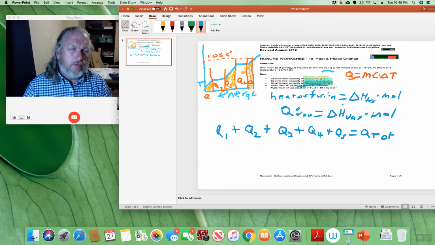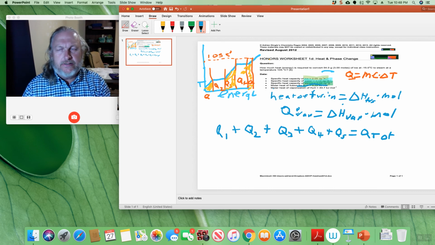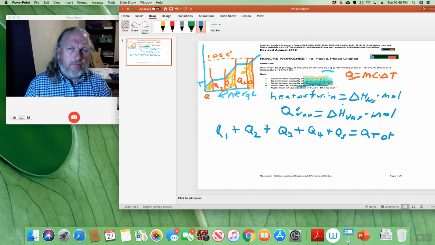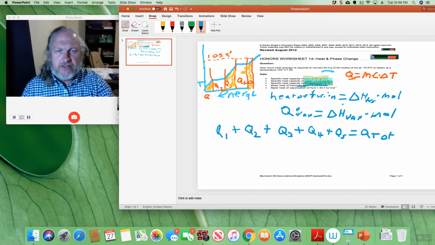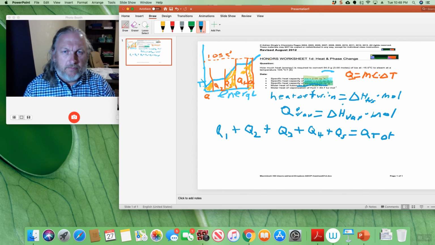Now, we'll be doing the math for this problem in another video, but this is a quick summary of the phase change we're going through. That's all I'm really worried about right now: you understanding the phase change of what's going on in this diagram. We're heating the material until it gets enough heat to break the forces holding the molecules together.